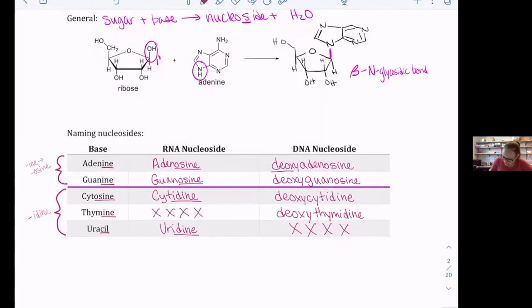So the same name, just deoxy at the beginning, deoxyadenosine. Continuing on, you'll see these X's here. That's because those don't occur in RNA when you have just your nucleosides. You don't have thymine in RNA, so we don't have a name for that. And then you don't have uracil in DNA, so we don't have a name for that.